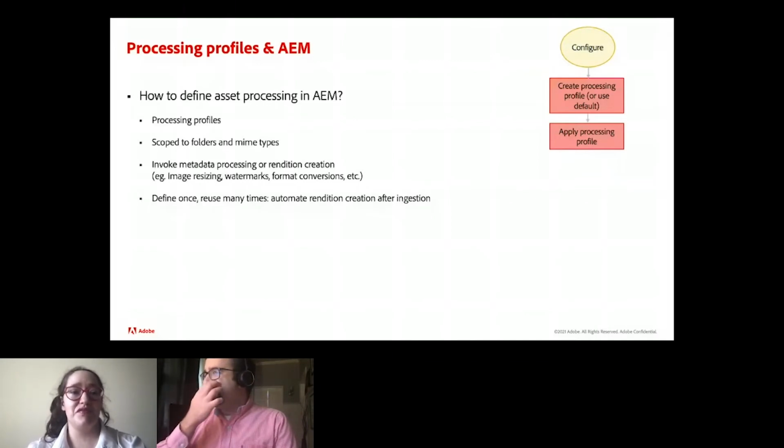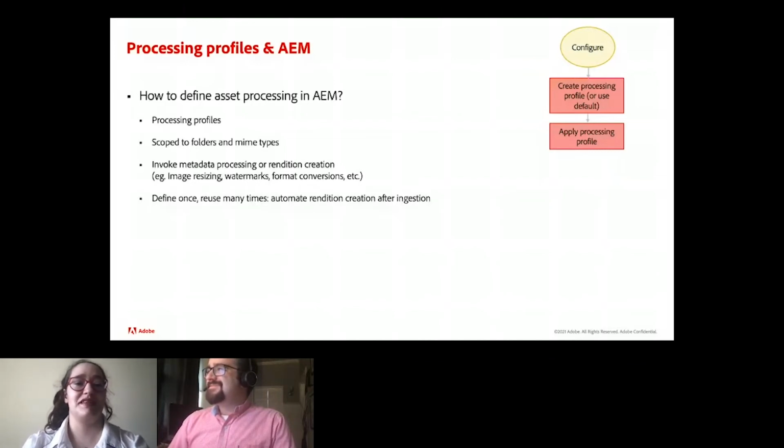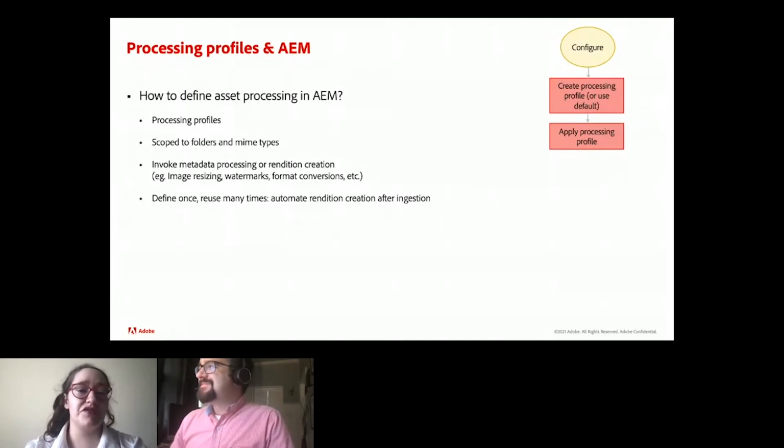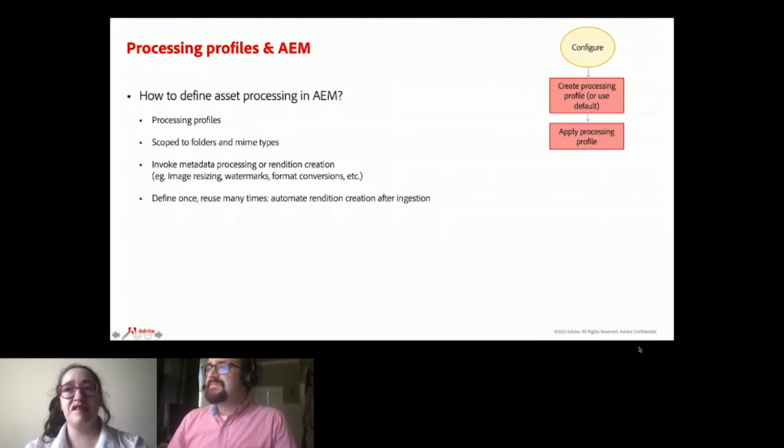Those processing profiles can define different actions to do on the imported asset, like extract metadata, create renditions, like doing image resizing, adding watermarks, changing formats. The idea is to define them once and reuse them many times on different folders in order to start automating rendition generation and asset processing.